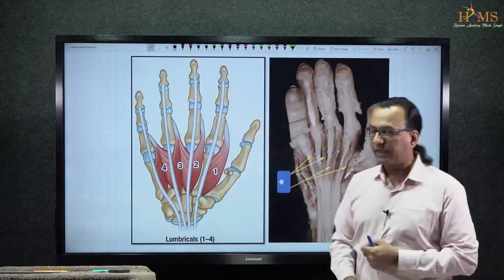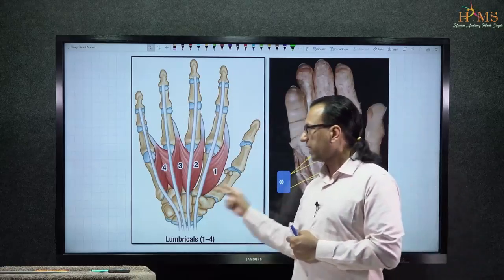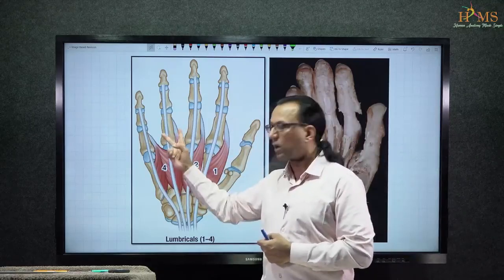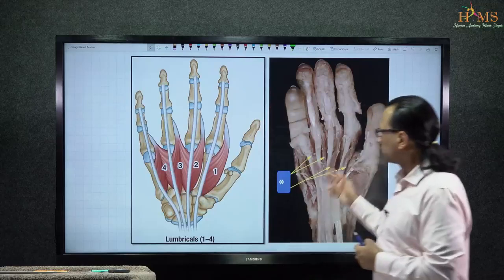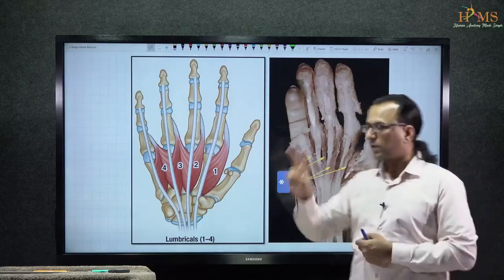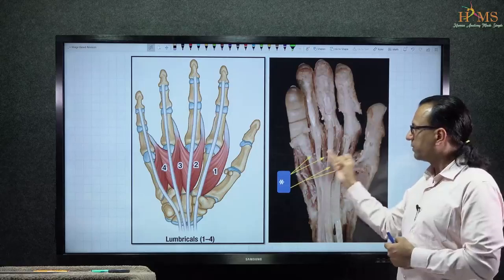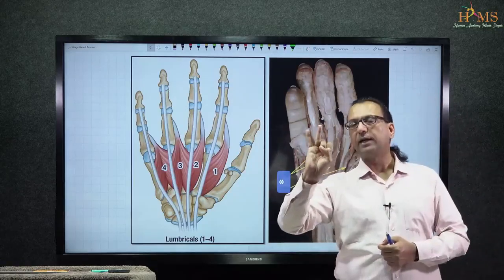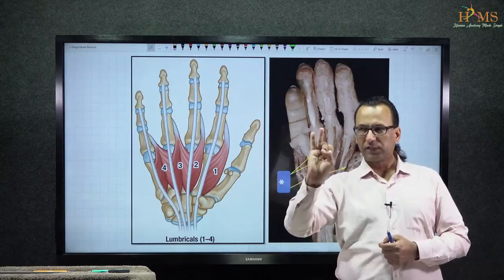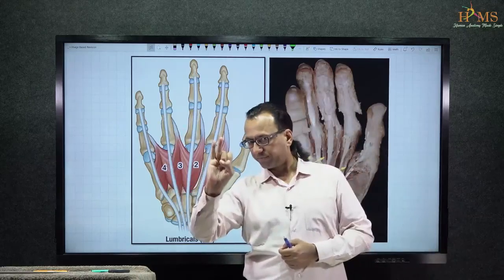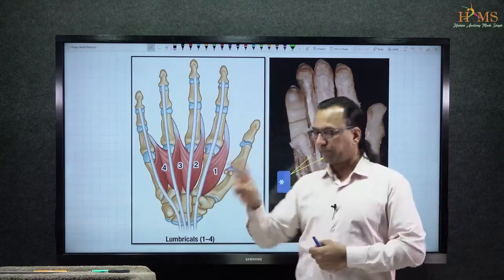But then it is giving some muscles here in the hand, 2 lumbricals which are unipinnate and 2 lumbricals which are bipinnate. So as you can see, these are unipinnate muscles, the 2 supplied by the median nerve, and there are the bipinnate muscles, for fingers 4 and 5, and those are supplied by the ulnar nerve. So these lumbricals which are bipinnate are supplied by the ulnar nerve, and these lumbricals by the median nerve.